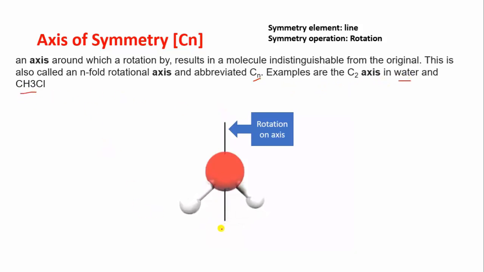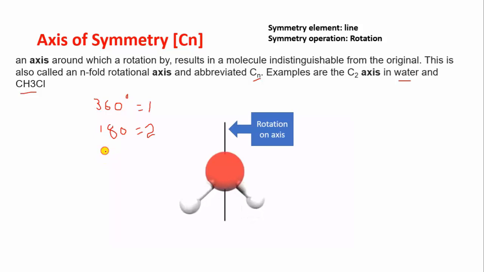This is the example of water. Now what is n-fold? Here the rotation is 360 degrees, so there is one rotation. If the rotation is 180 degrees, there are two rotations.